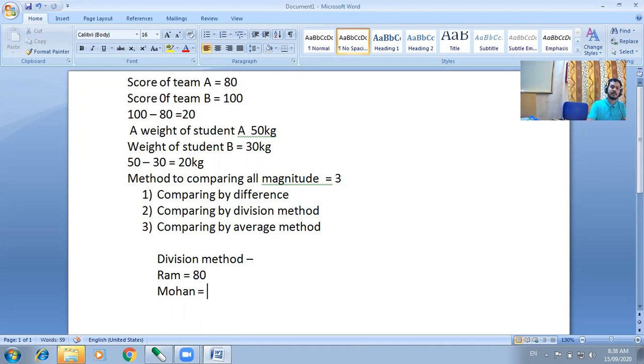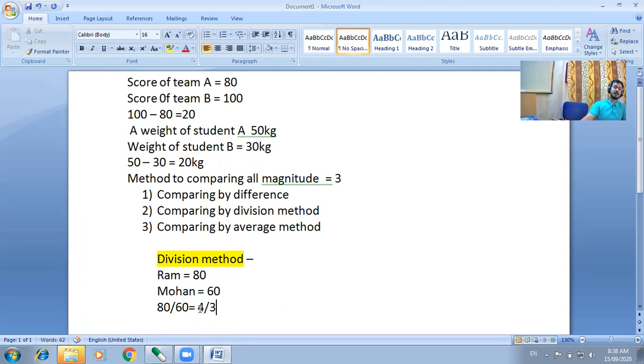Either we can consider only with respect to 100, so we can write here 60 marks. By this division method, we can write it in the form of division. But how? Divide 80 by 60, and the 0 cancels out, giving 4 over 3.